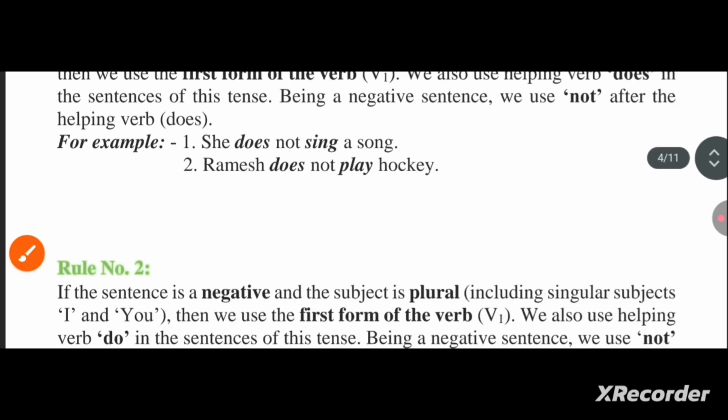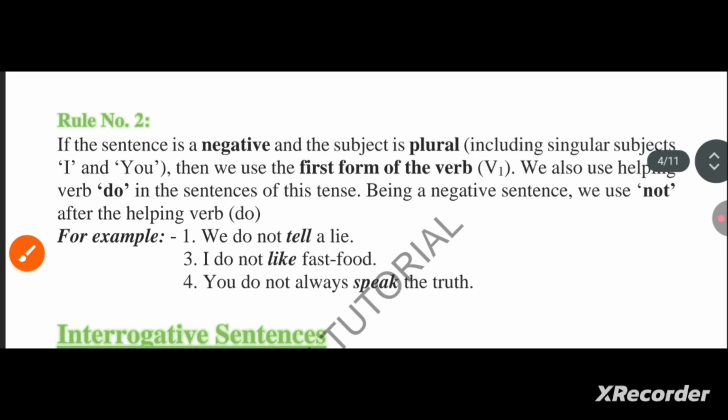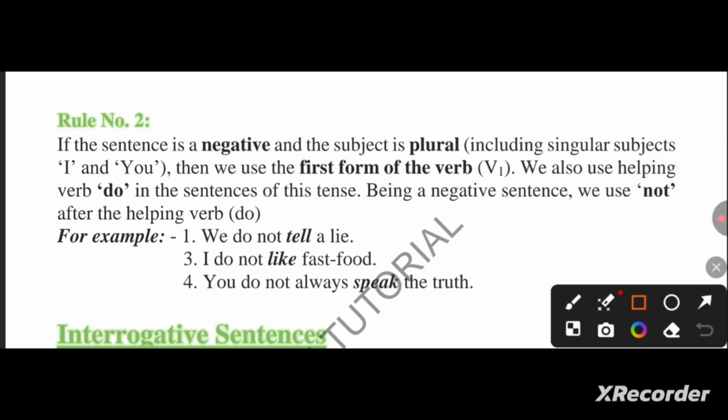Now, we have to keep in mind, if the sentence is a negative one and the subject is plural, including the singular subjects I and you, then we use the first form of the verb. But in this case, we use the helping verb do.